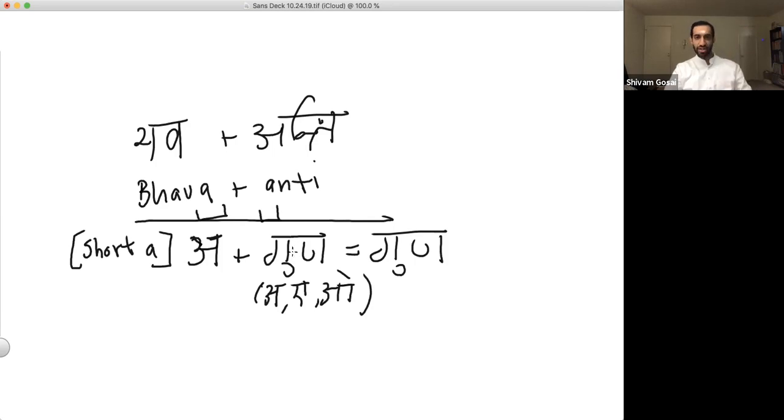Okay, so I'm on page 33 of the white book and I'm doing bhava plus anti. Now in bhava plus anti, I have a short akara plus a guna letter, because one of the guna letters is akara. So I have akara plus one of the guna letters, then it equals that guna letter that was following. So if I have a plus a, then it just equals a.